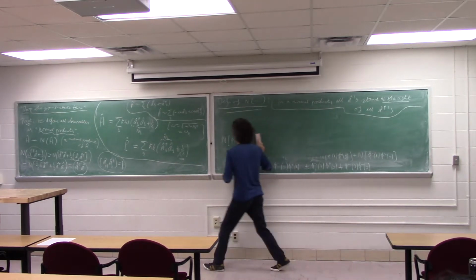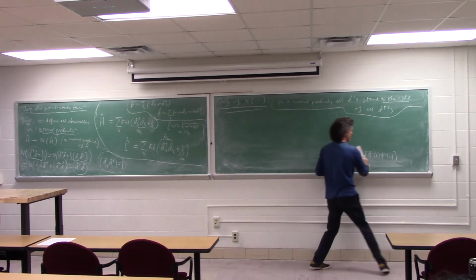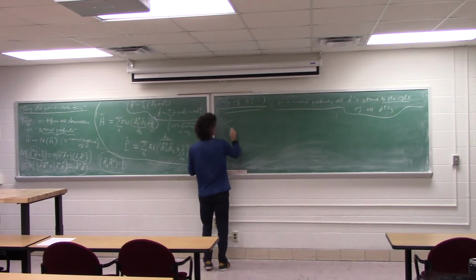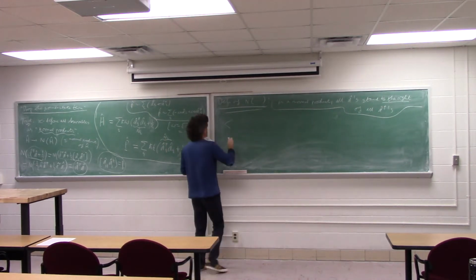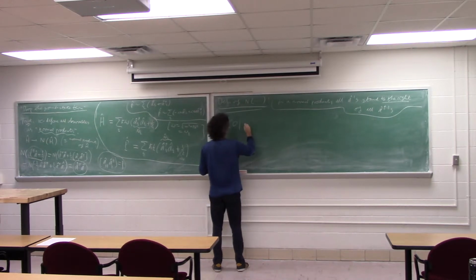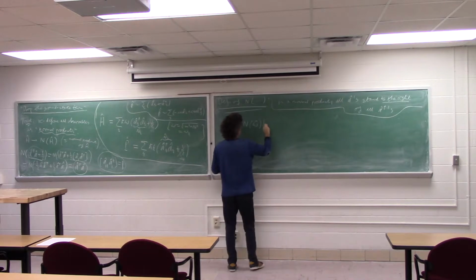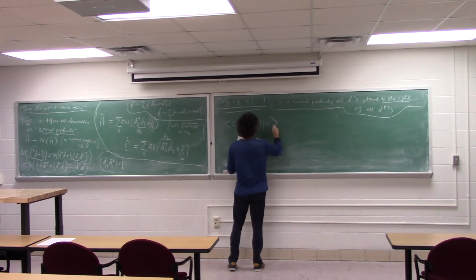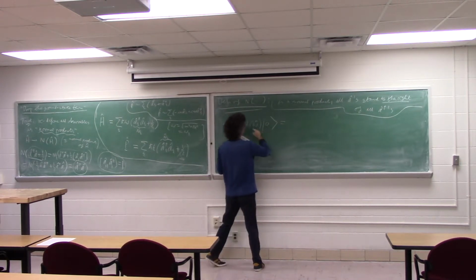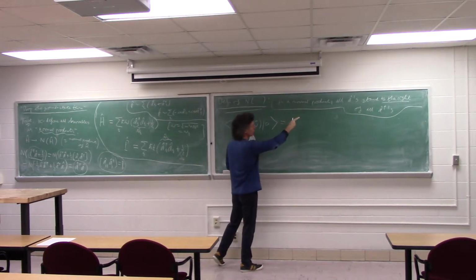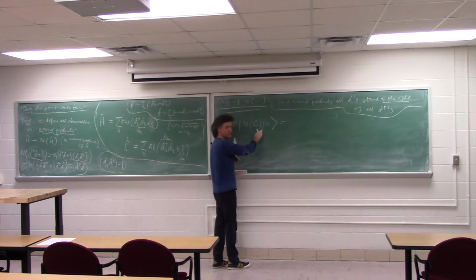Basically, we're worried about this infinite vacuum energy. If I take the vacuum expectation value of any normal product, let's say any observable, remember, all the A's stand to the right.